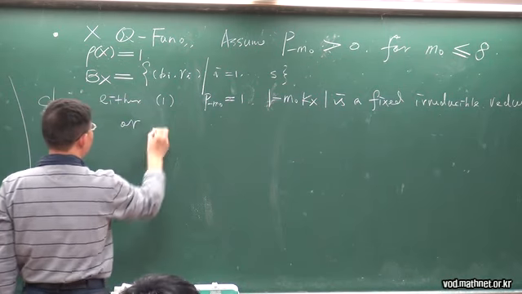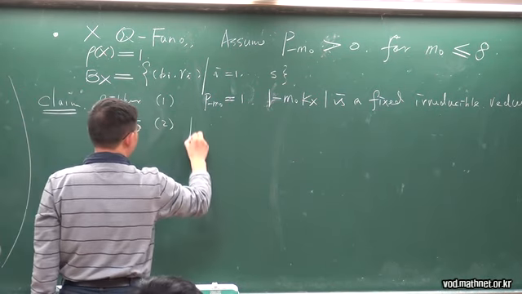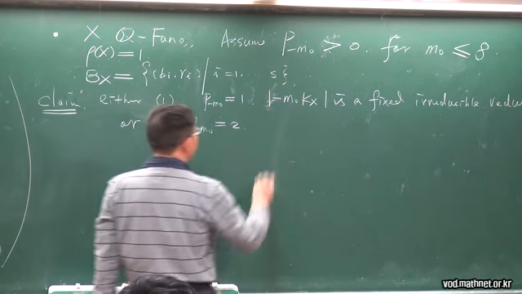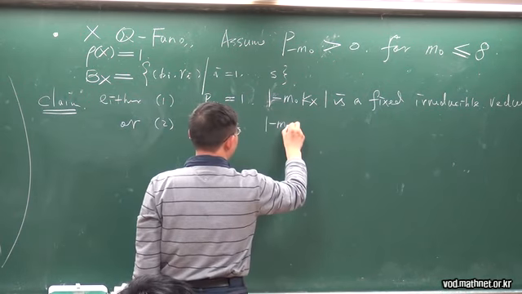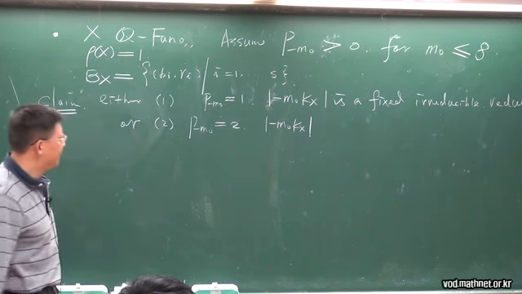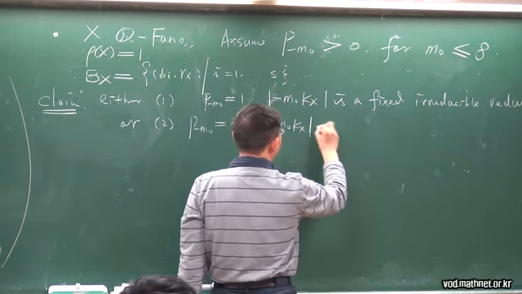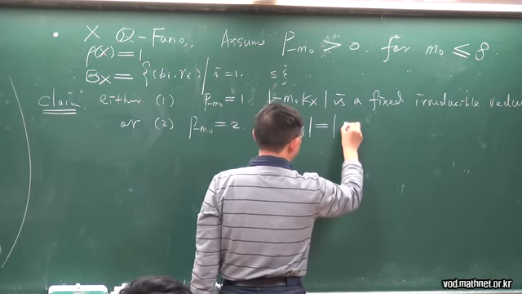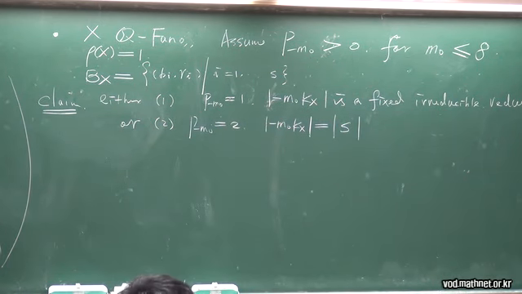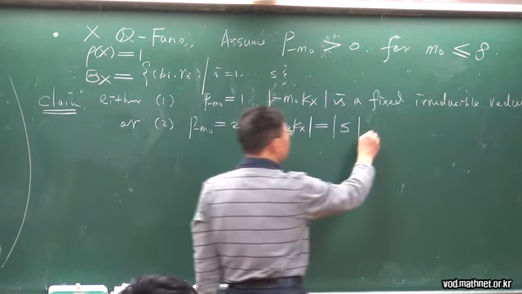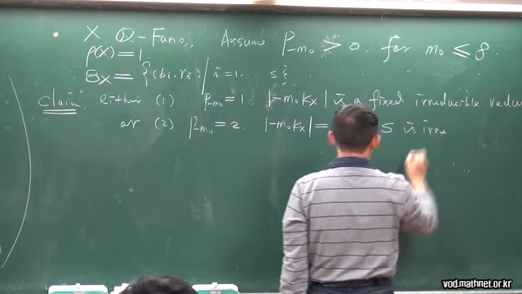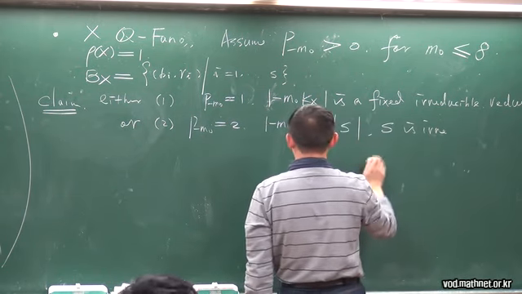Or two: P minus M naught is 2 and minus M naught Kx has no fixed part, but S is irreducible.